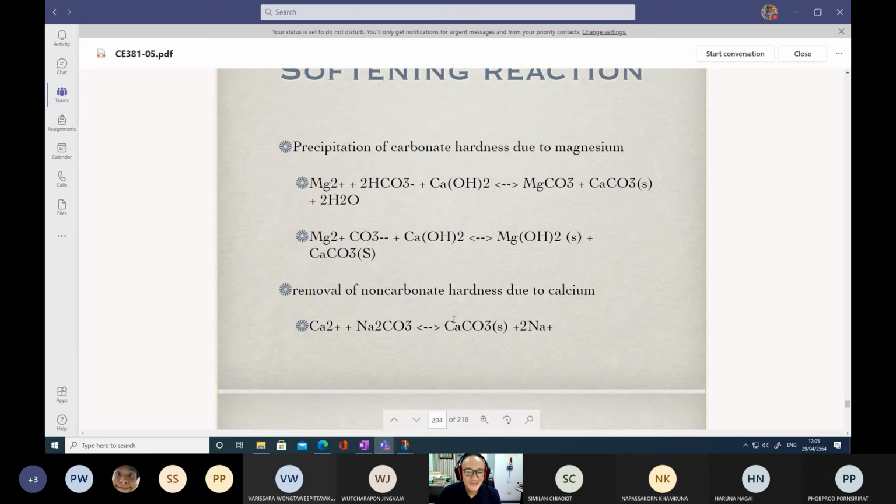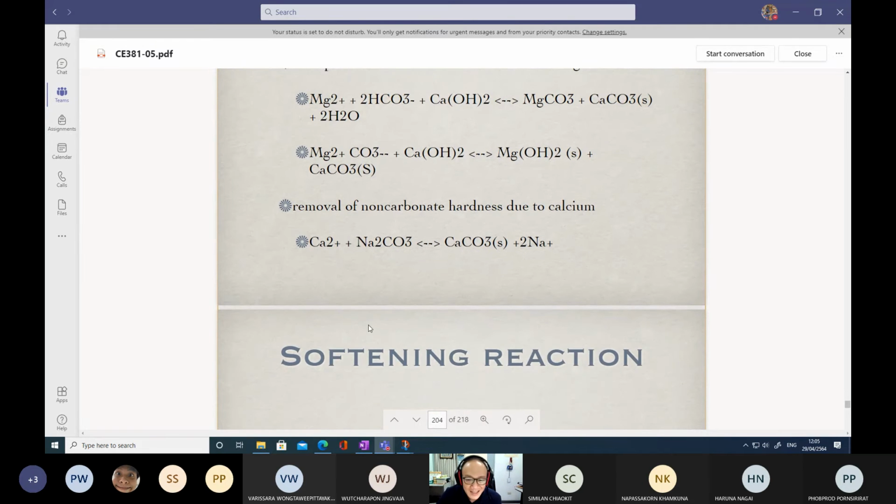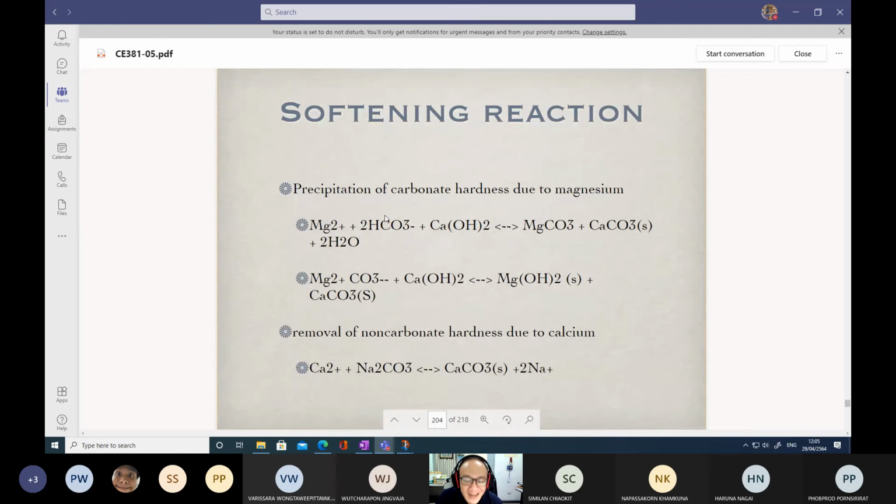Now, if you look at the non-carbonate hardness, if we need to remove non-carbonate hardness, it means the calcium associated with other anions, not the bicarbonate. Sulfates, for example, chloride, for example. So for this one, just the calcium presence.